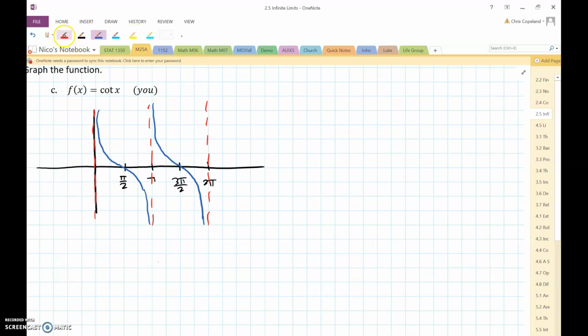So the vertical asymptotes happen at x equals k pi, where k is an integer.